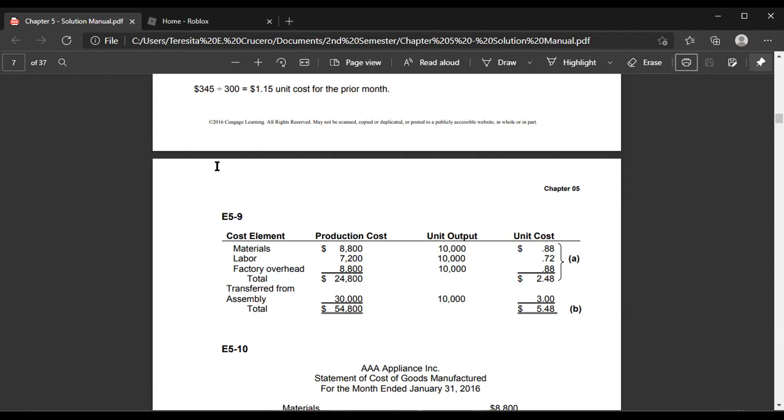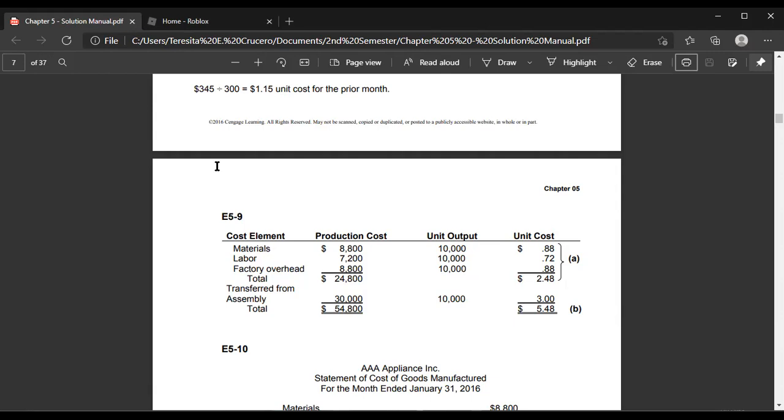That's the output. Now, the production cost is given for materials, labor, and overhead, and transferred from the assembly, since we begin from the assembly department and transferred to the finishing. So we have now the total cost in this department, then we add the cost from the assembly department, for a total cost of 54,800.